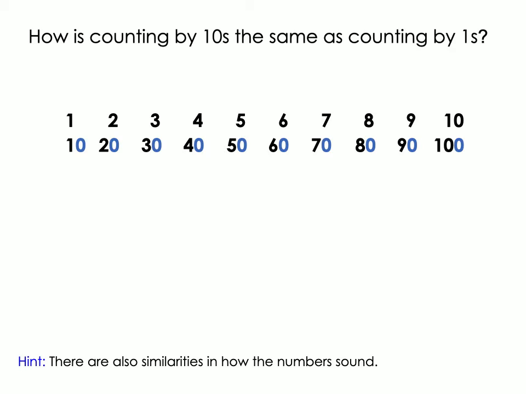Ethan said that the sounds are the same. So 2 and 20 sound the same. 3 and 30 sound the same. 4 and 40, 5 and 50, 6 and 60, 7 and 70, 8 and 80, 9 and 90, and those are very much the same.